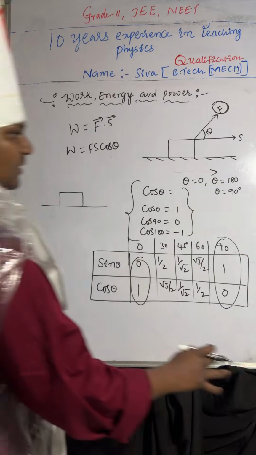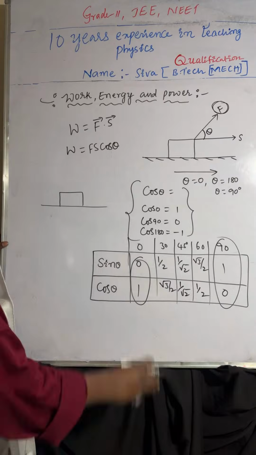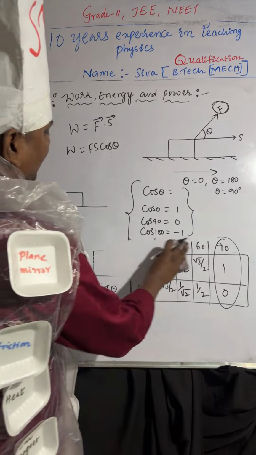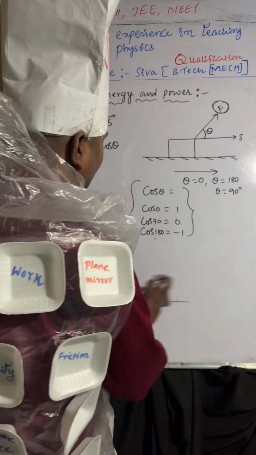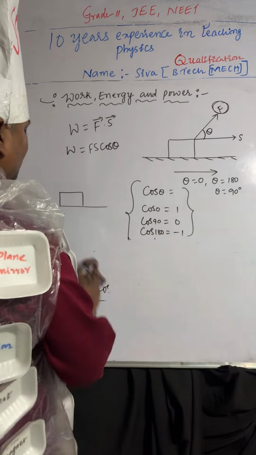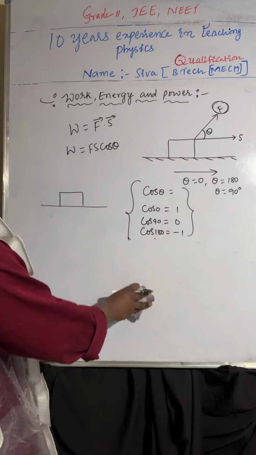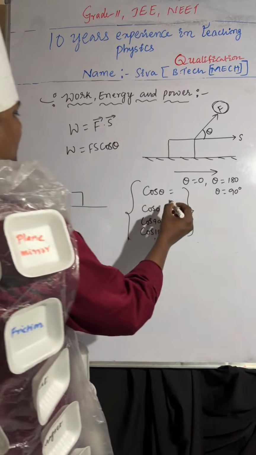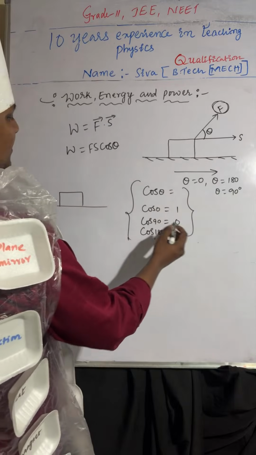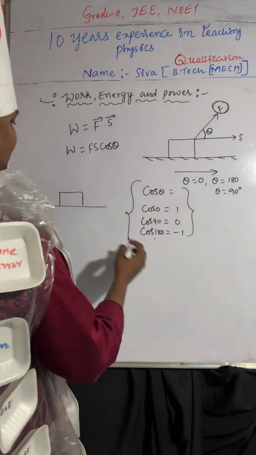I hope it is very clear. Understood or not? Keep in mind these values. Cos 0 is 1, cos 90 is 0, cos 180 is minus 1.